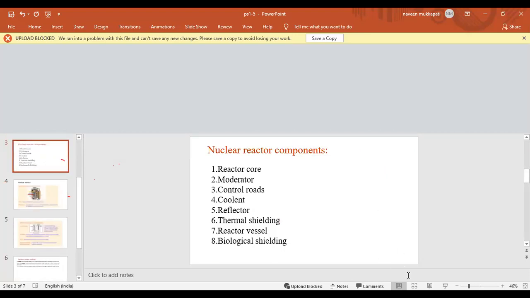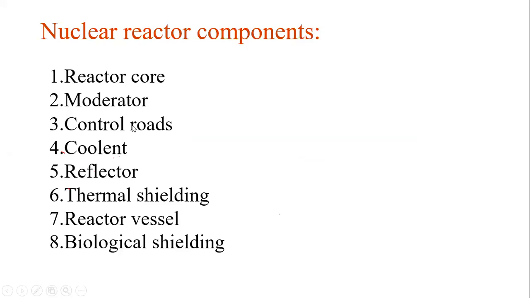Next, coming to the third type, control rods. First, what is meant by control rods? In the name itself, control means controlling the operation. The control rods control the rate of fission of uranium-235.